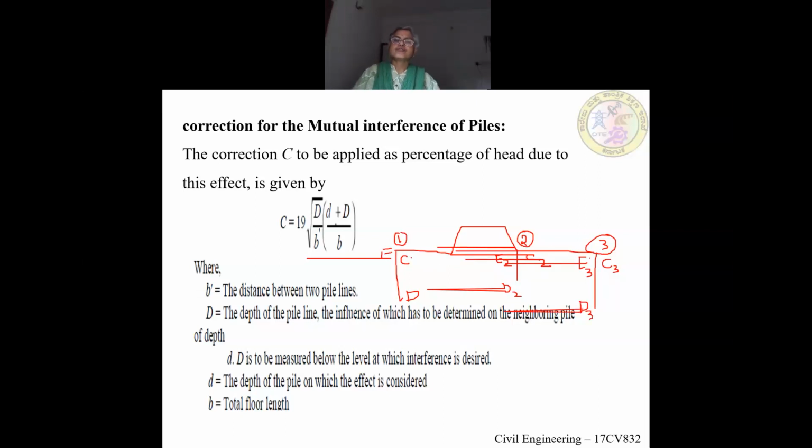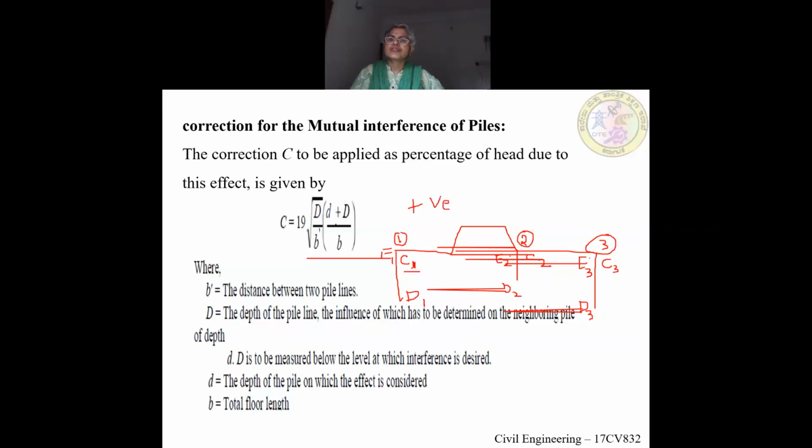If you are making a correction for C1, the pressure at C1 will have an influence due to pile 2. So there will be influence of pile 2 on pile 1. Because C1 is behind the pile which is influencing, at the rear side, we take the sign as positive.